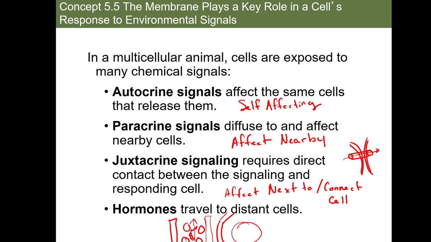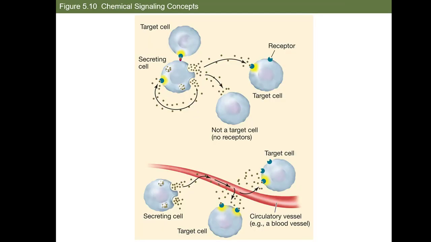Here's the nucleus and whatnot. So here we have our target cell and our secreting cell. The secreting cell is sending off these ligands through exocytosis. It also has a signal receptor on its surface.